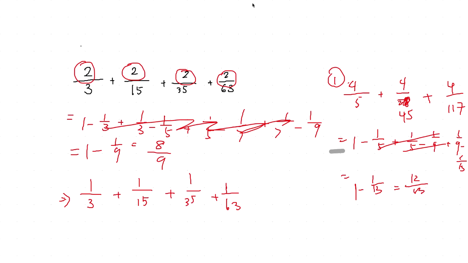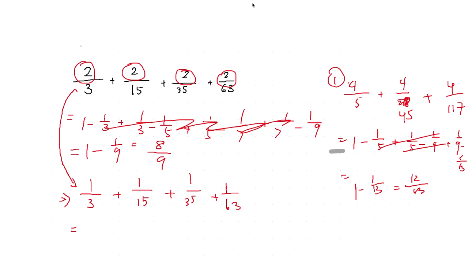Okay, so now let's take a look at this one. So Zoe, you gave me the answer is 8 over 9. So if these four terms added together equal 8 over 9, and these four terms added together also equal 8 over 9, that means it should be the same number. But are they the same number? First of all, I want to ask Amelia, what is the difference between 2 over 3 and 1 over 3?